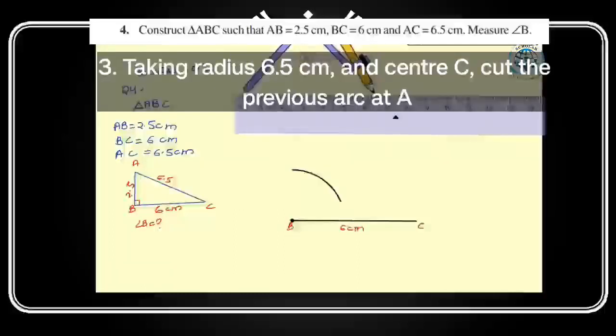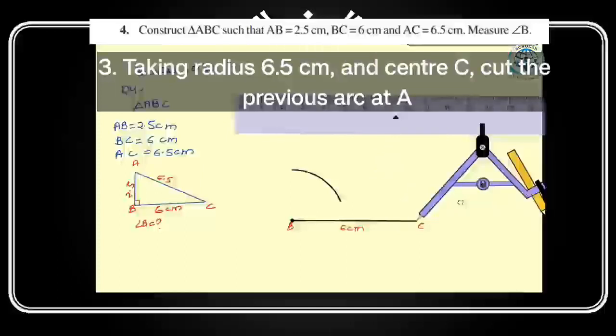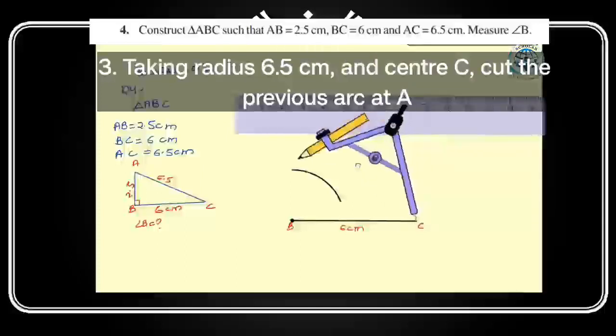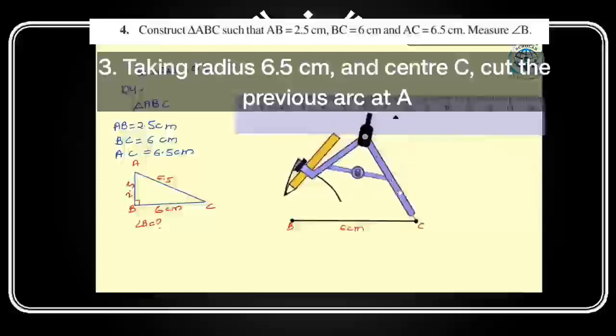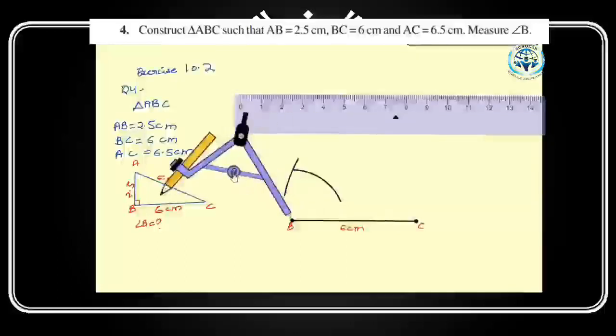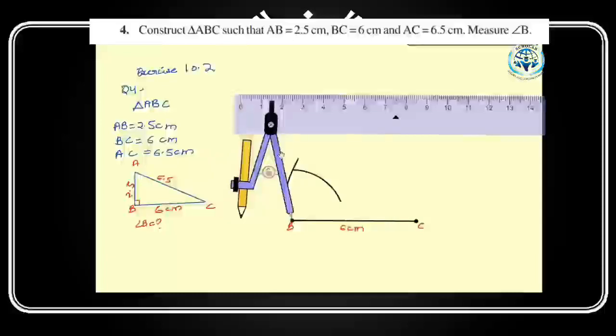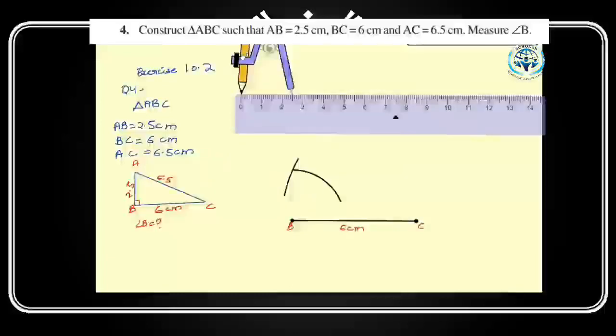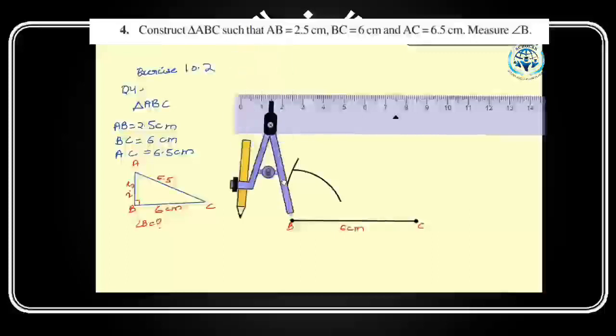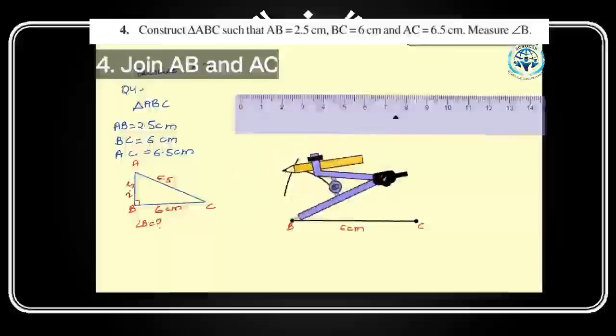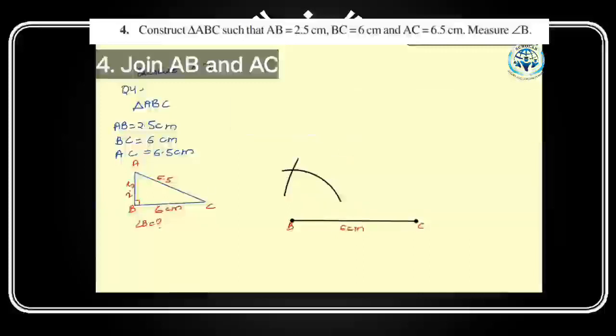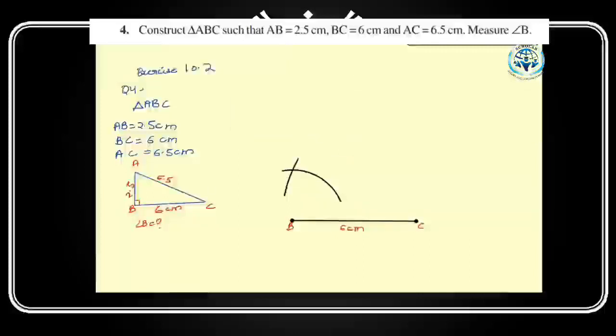With C as center, cut the previous arc at A with radius 6.5 cm. This point of intersection is, yes, A. So now we will join AB and AC to get the triangle ABC.